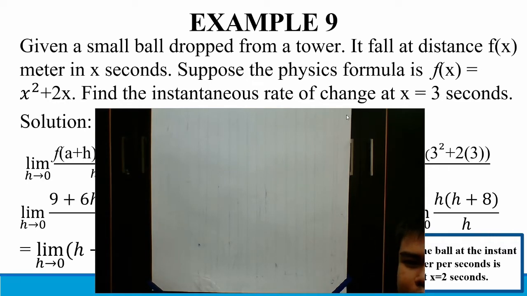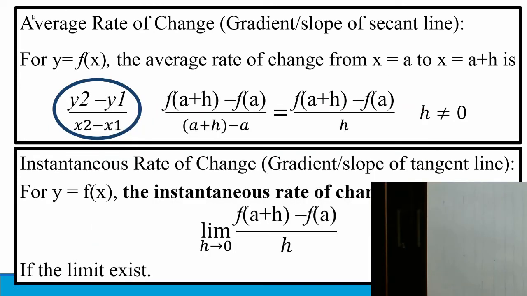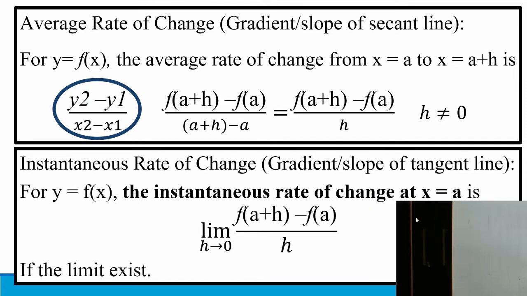What you want to find here is the instantaneous rate of change at one point, which means x equal to 3. This question asks you to find the instantaneous, not an average. If it is an average, you have two points. If it is instantaneous, there is only one point.